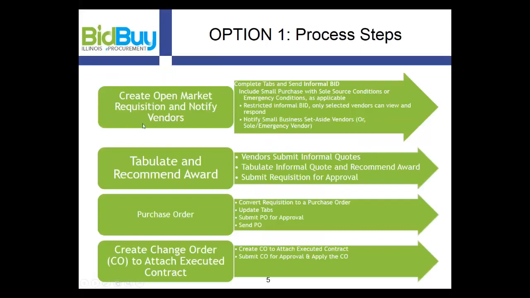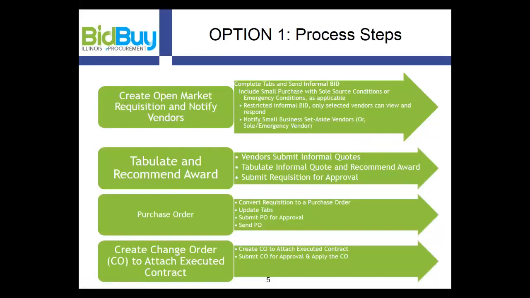So basically what we have here is a list of the process steps, and you'll have this PowerPoint to look at, but you start generally with creating an open market requisition and notifying vendors. So you complete the tabs just like we did before, and here's the steps in terms of how to set it up and what to select. When you have your responses, and we'll go through that, you'll tabulate those and recommend your award.